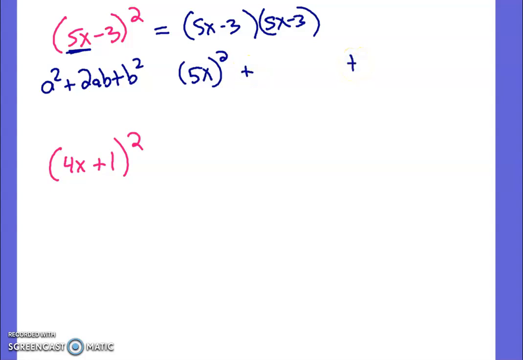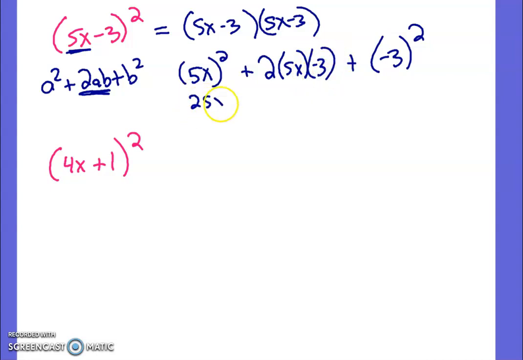You take the last term and you square it. And then the middle is going to be 2ab, so basically 2 times the 5x times the negative 3. And so this is going to be 25x squared, I'm going to change it to a minus, you can put plus negative if you want, negative 30x and then plus 9.